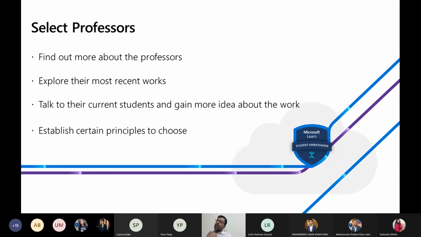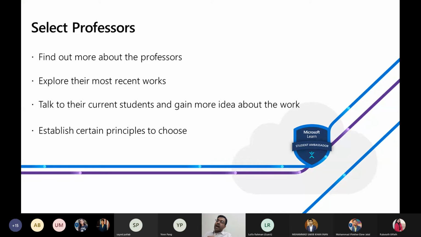And set certain principles. You will not find everything in your supervisor. Your supervisor as a whole will not, at the same time, be kind, be that extra brilliant, and have explicit connections with industry, which is very important. And that supervisor may not have funding.